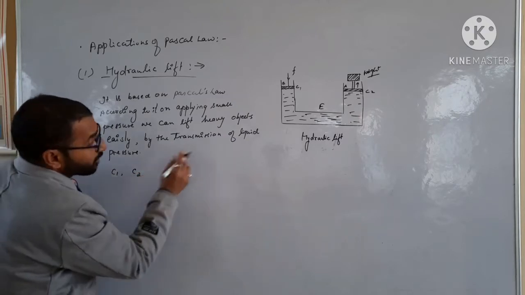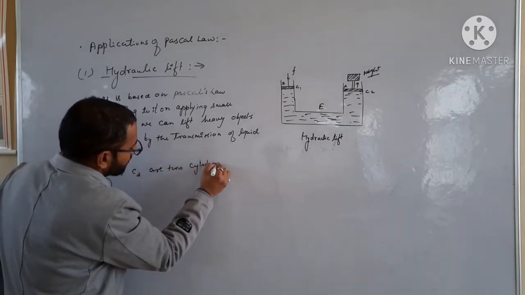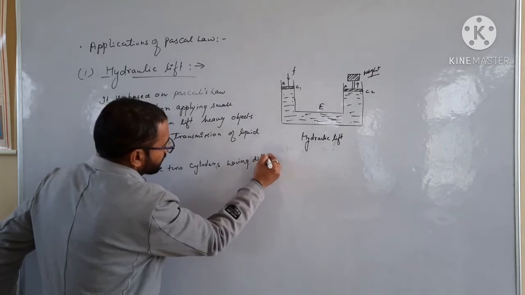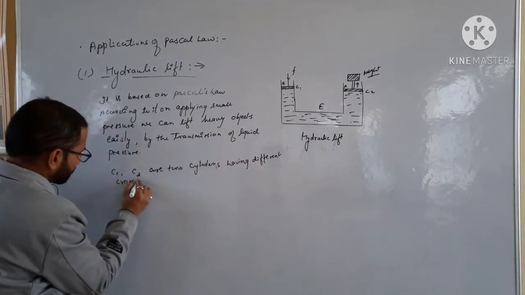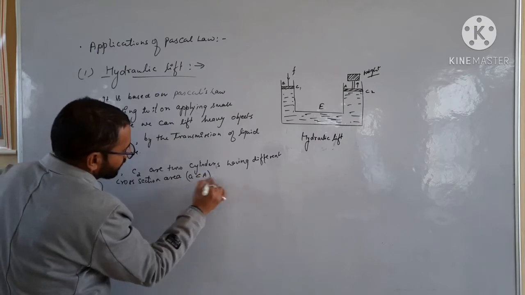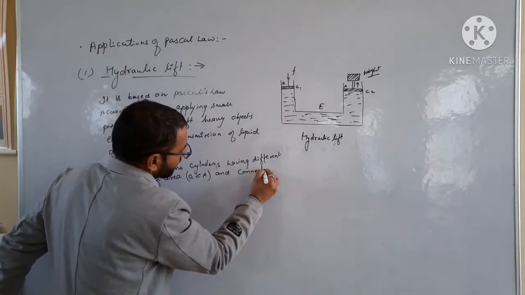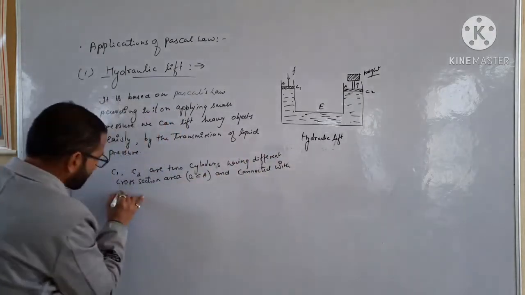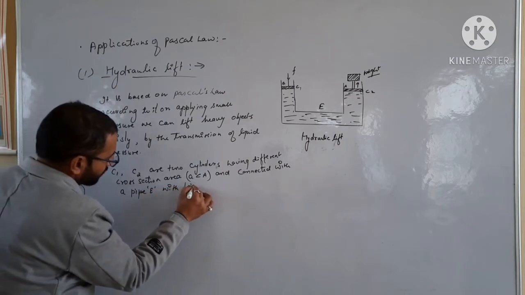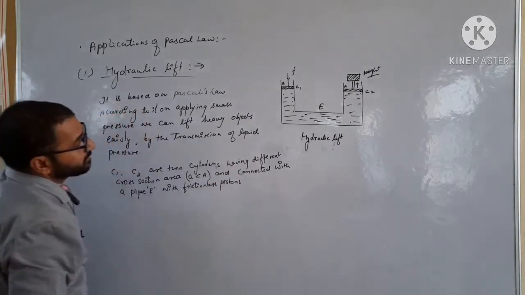From this diagram, C1 comma C2 are two cylinders having different cross section area, so that small a is less than capital A, and connected with a pipe E with frictionless pistons, as you are seeing here.